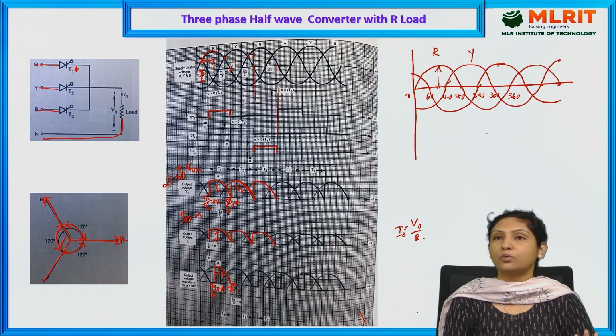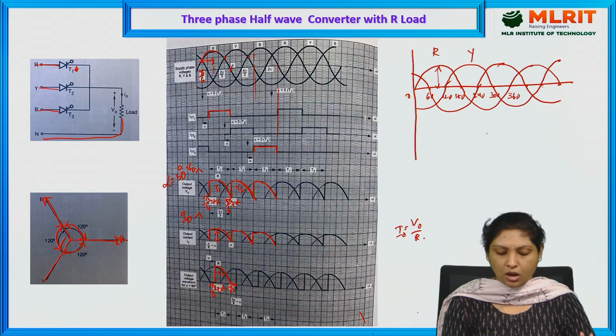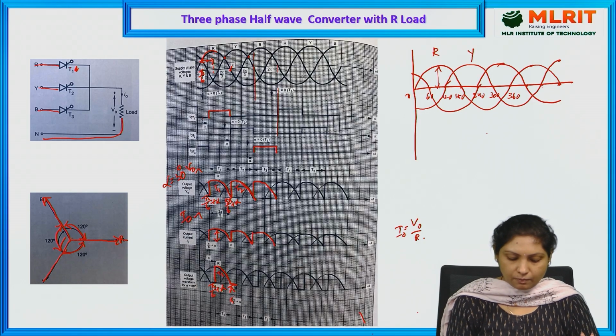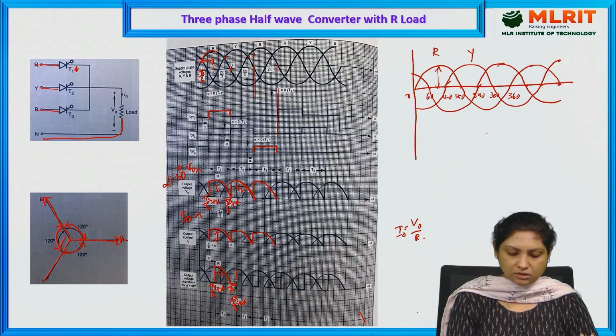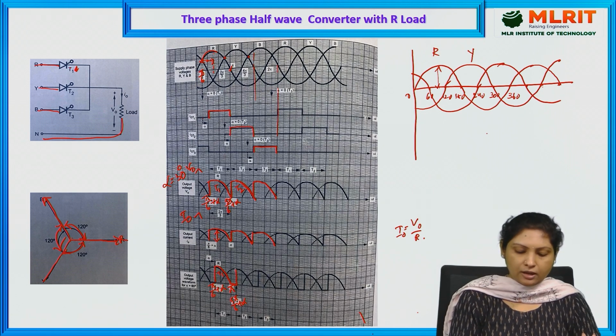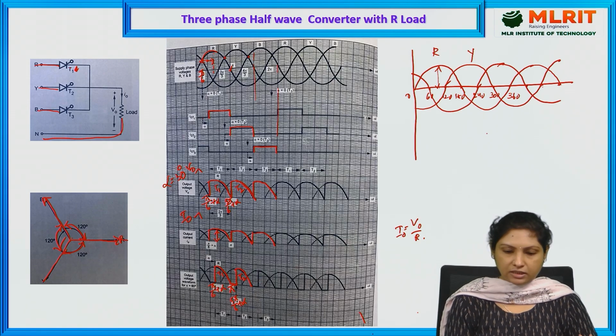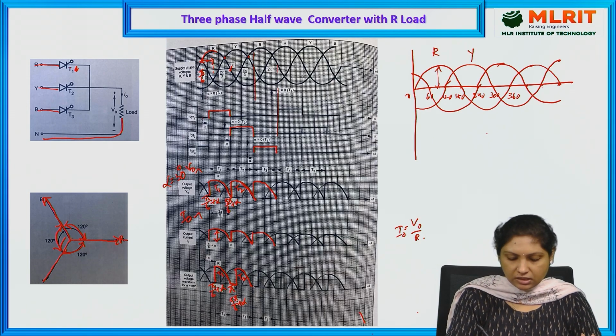since we haven't provided any triggering pulse for the Y-phase thyristor, that is thyristor 2, until this instant called 5 pi by 6 plus alpha, where now I am providing the triggering pulse for the Y-phase. See, the Y-phase triggering pulse is being provided, and that is how here T2 is conducting, and it is conducting as long as Y-phase is positive.